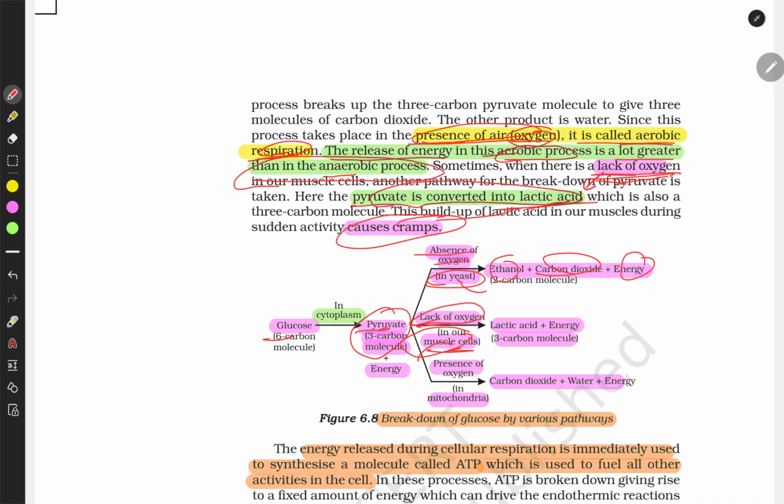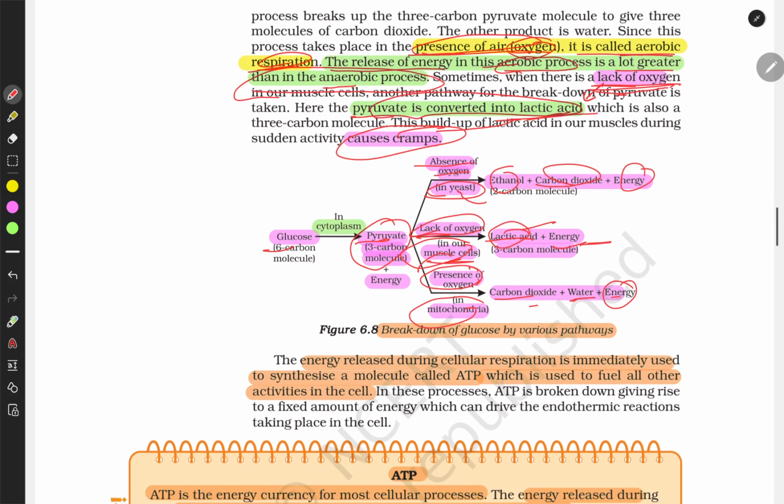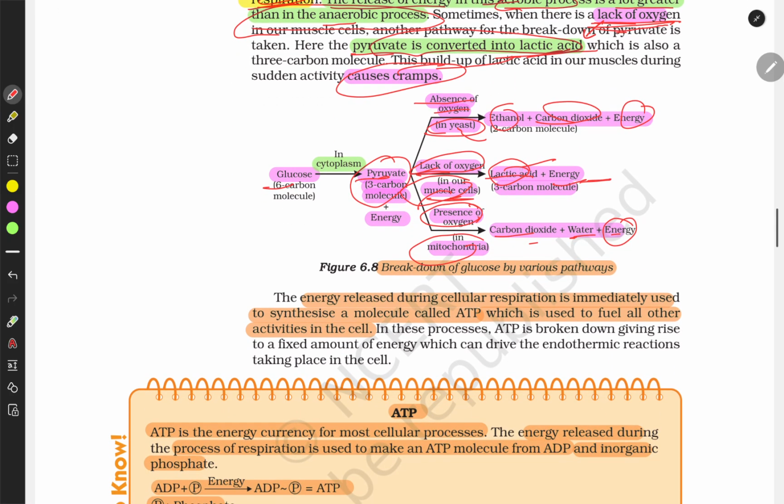There is a lack of oxygen, and in this case lactic acid is formed, which causes the cramp, and energy is released, which is comparatively small. And in the presence of oxygen, which is happening in the mitochondria, carbon dioxide is formed, and water and energy. In this case, energy is comparatively high. So there are various pathways by which the glucose is finally making energy.